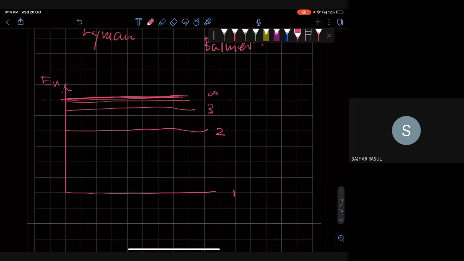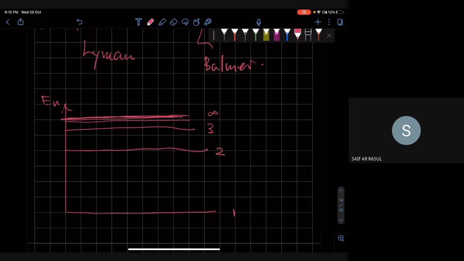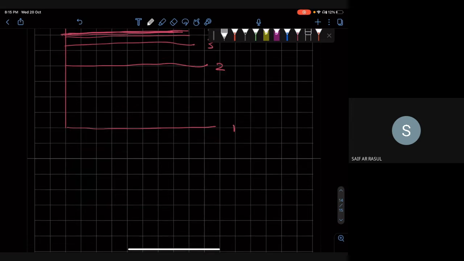So this was a spectacular success, but the Bohr atom had some issues. Number one, the non-radiating orbits seem ad hoc.